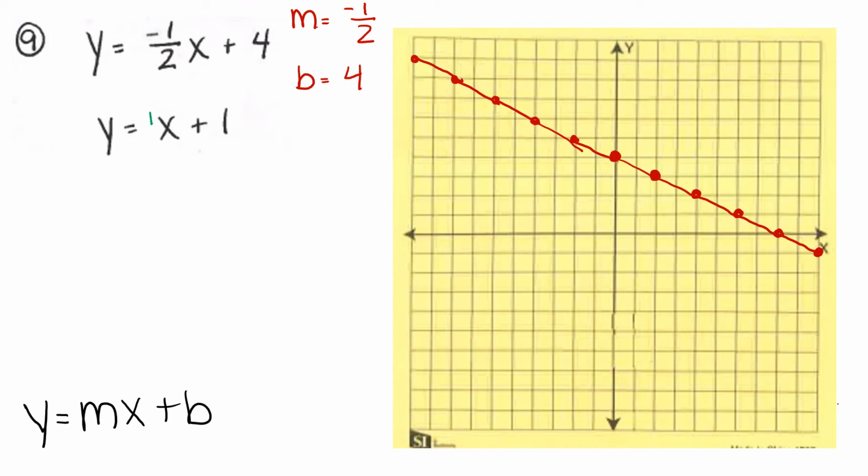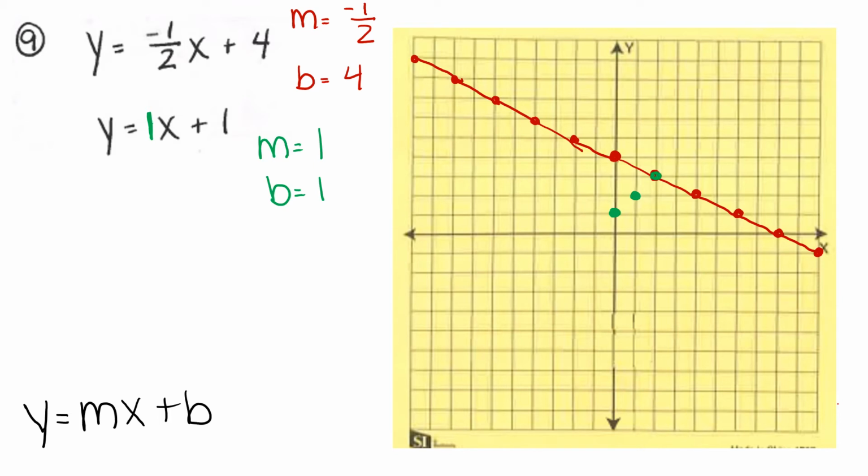We know that our first problem is a 1x, because if there's no number, it's an understood 1. And then our b value is also 1. So we're going to start at 0, and we graph the positive 1 for our b value first. We then use our m value, which is a positive 1, to go up 1 and right 1.